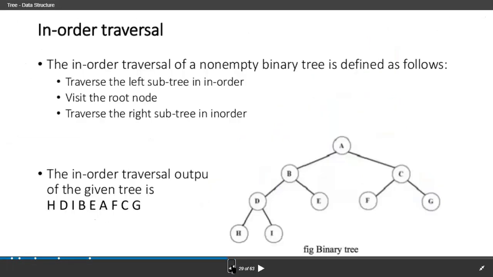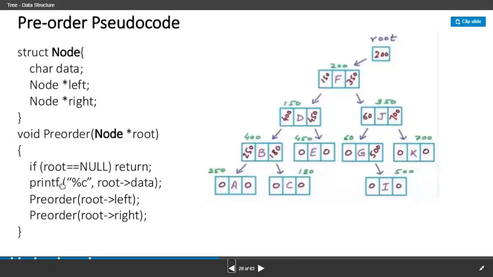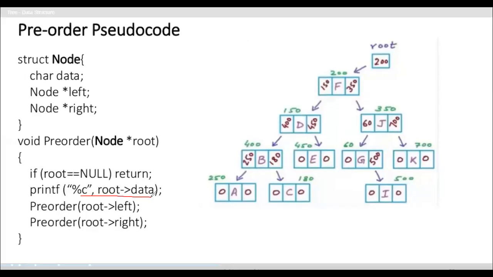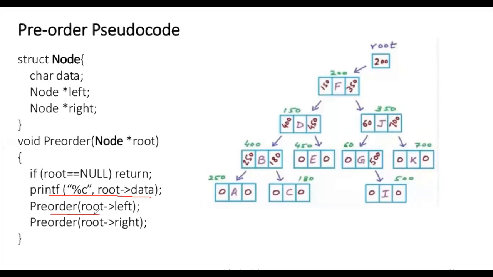And you will see that it is just changing the order. If you look closely, we first printed the root data, then we used root left and root right. And in case of in order, we're just moving this line in between these two lines. That's it. In case of post order, we'll move this line to the last.